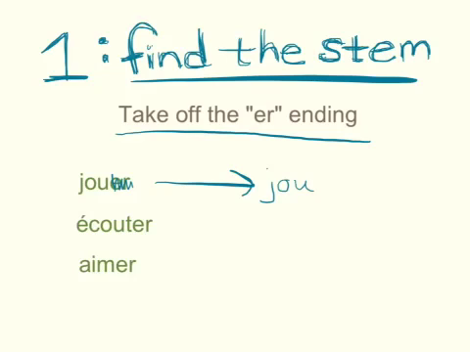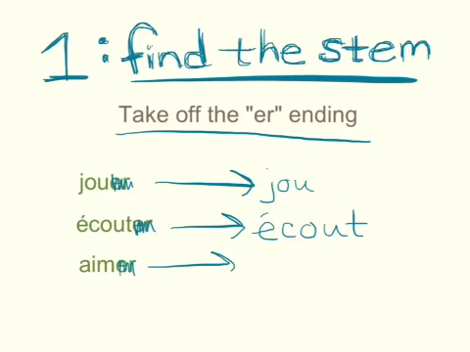For écouter, the same thing. We take off the ER, and it gives us our stem, E accent aigu, C-O-U-T. And then for aimer, again, take off the ER, and we get A-I-M. These aren't full words, they're just a part of a word. They're what we call the stem.